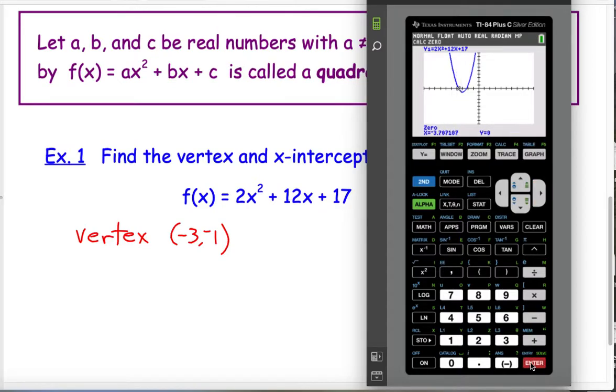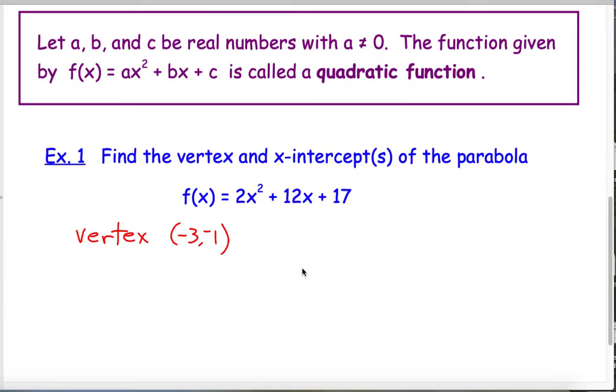Give it a guess, just press enter. It looks like there's a 0 at approximately negative 3.707, to 3 decimals. And then we'll find the other one.